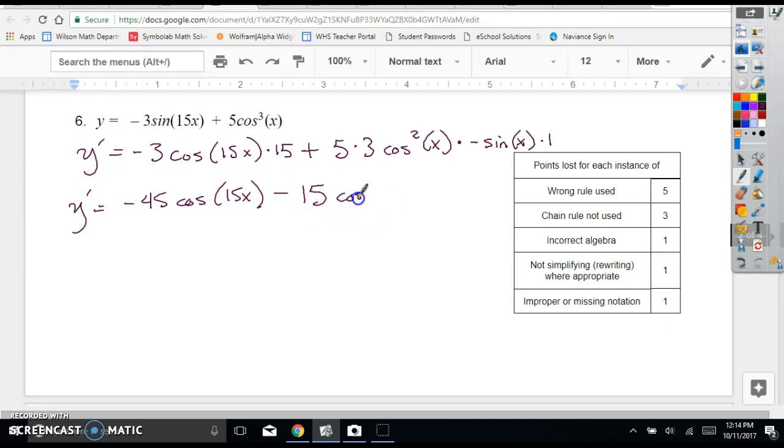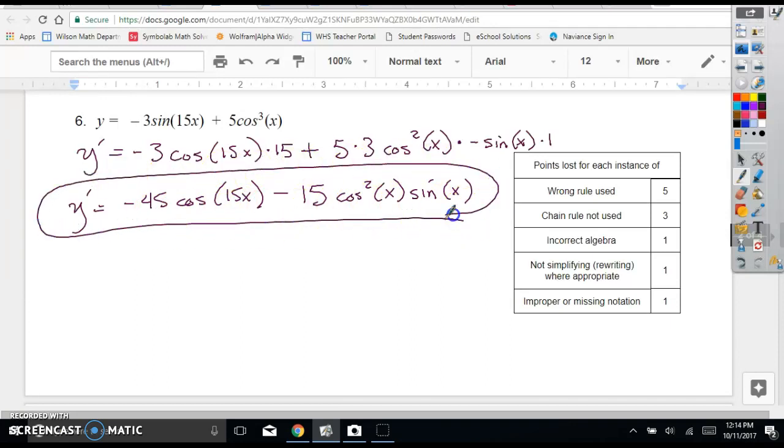This is cosine squared of x, sine of x. If you wanted to pull out a GCF of negative 15, by all means you can do that. I am not requiring you to do that. So this is pretty much where you would be able to stop that one. All right, so there's number 6.